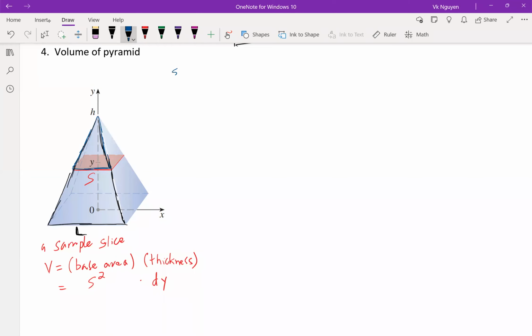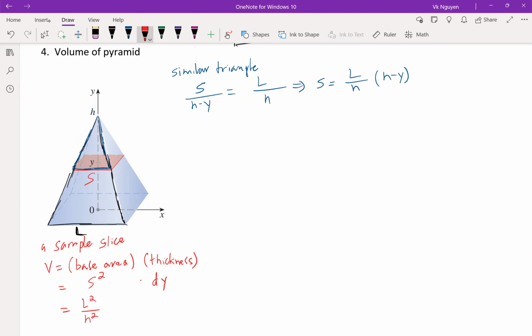Similar triangle. S over h minus y equal L over h. So this tells us that S is L over h times h minus y. And so S squared is gonna be L squared over h squared, h minus y squared.